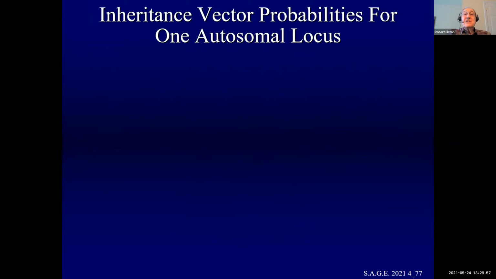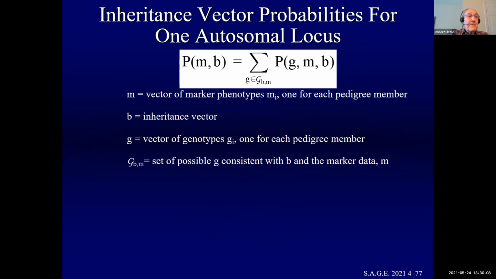So let us consider the inheritance vector probabilities for one autosomal locus. All right. This is what we have.